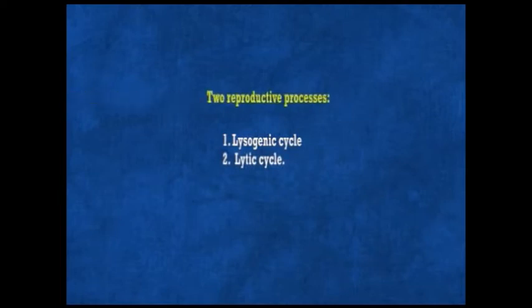The lysogenic cycle and the lytic cycle are the two reproductive processes seen in bacteriophages. When the infection of the cell by a bacteriophage results in the production of a new variant, then the infection is said to be productive.